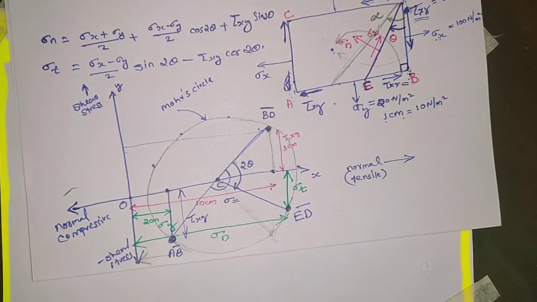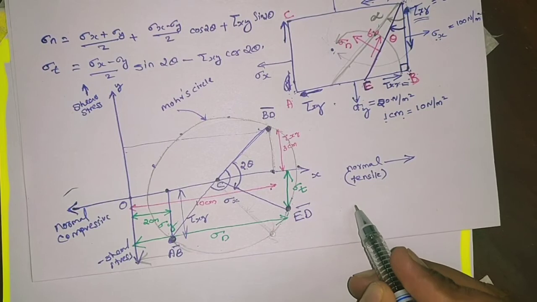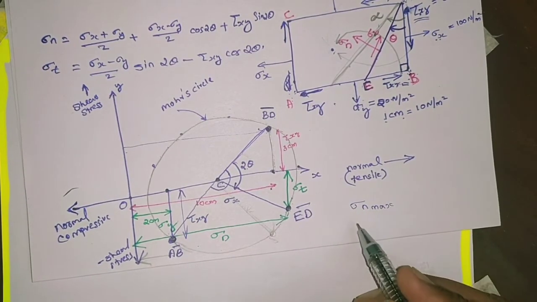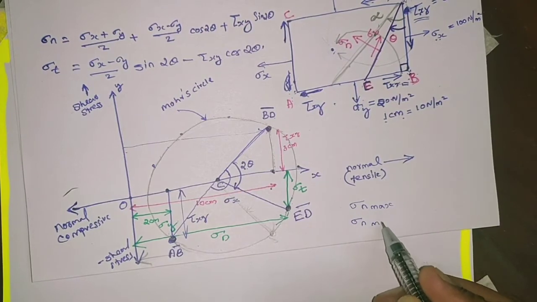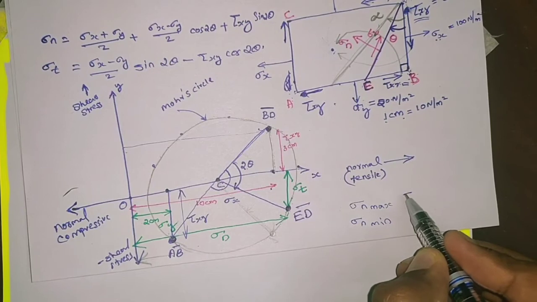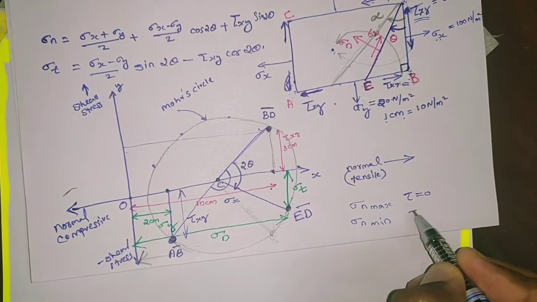Then what is the point of the principal plane? The point on the Mohr Circle which represents the principal plane. What are the conditions for a principal plane? For a principal plane, normal stress will be maximum or normal stress will be minimum, and one more condition, the shear stress equal to 0.